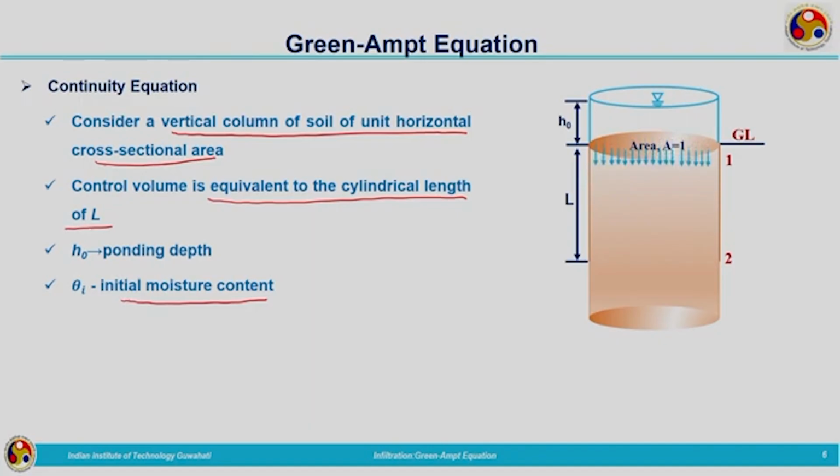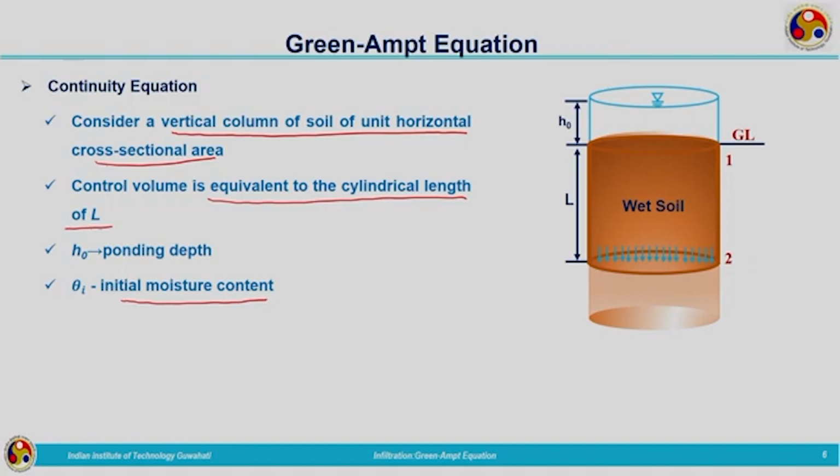Now, water is infiltrating into the ground, and as it infiltrates the soil becomes wet, and we consider a time when the wetting front has reached section 2. Above this wetting front we have the wet soil, and below that we have the dry soil, which has the initial moisture content theta i.